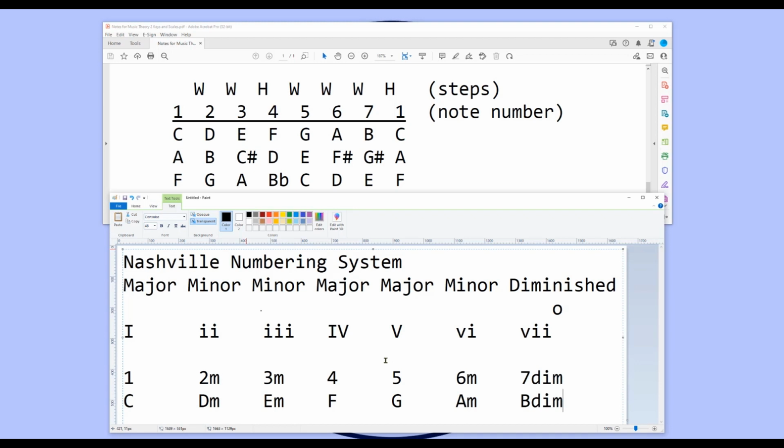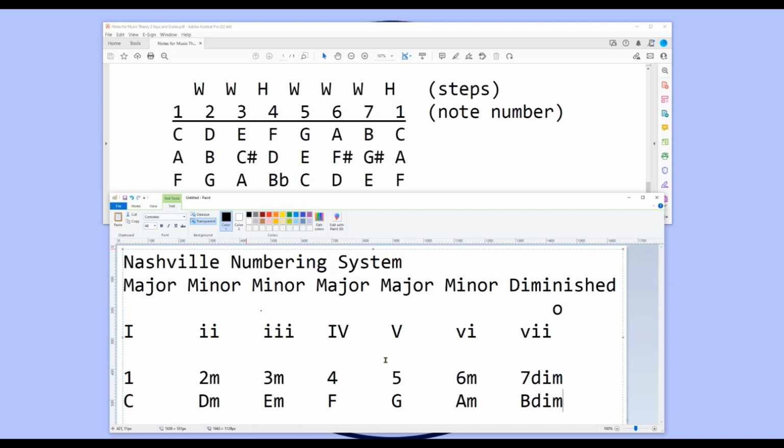I'm going to talk a little bit about common chord progressions, because there are certain chord progressions in songs that come up very regularly, and we've probably already experienced some of these. Okay, all right.